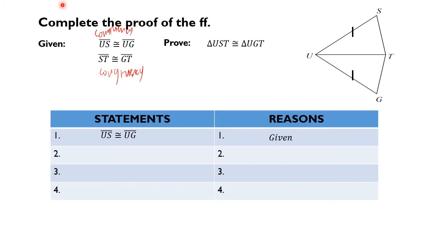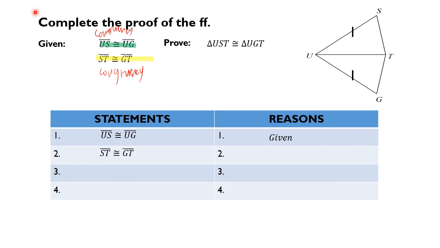Now, look into the given. We are done using up our first given. We will have to make use of our second given. I want you now to write your second given in the statement column.